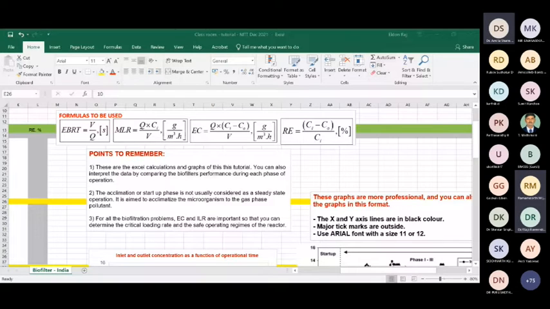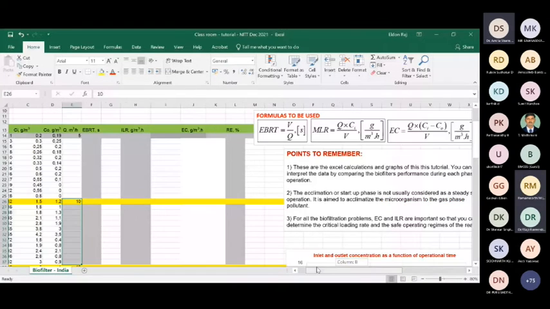Can you please give the formula for ILR? Yes, the ILR is the same as the MLR. Okay.